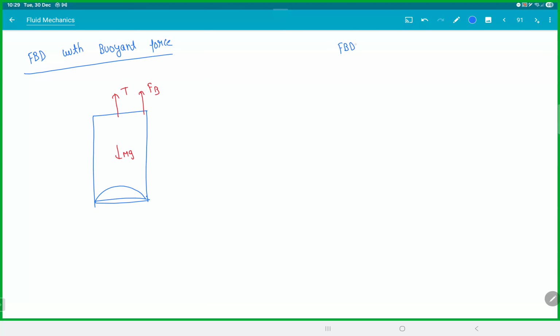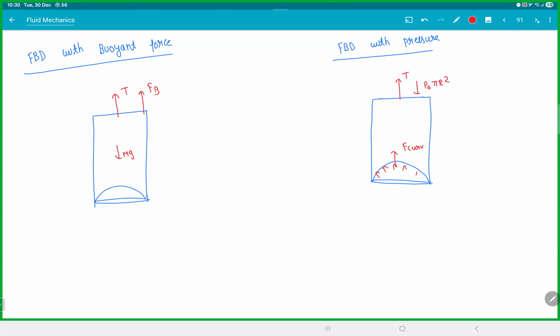Now, if you do FBD with pressures: tension, P naught into area, this is your F curved, and this is mg. Now, think about this. Technically, aren't both the diagrams the same?